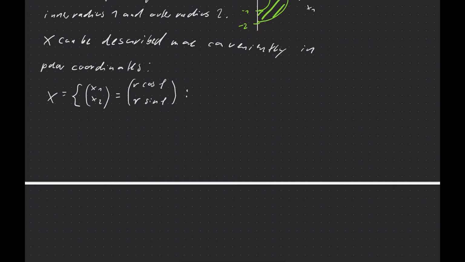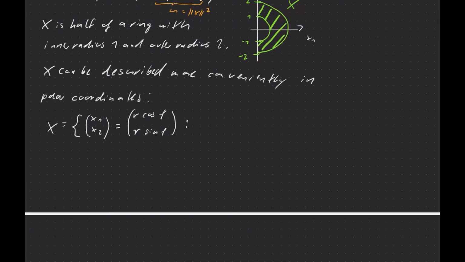And if you use those terms r, radius, and phi, angle, to describe this half ring, then what you get is the radius is always between 1 and 2, right? Radius is this here, so that always varies between 1 and 2.